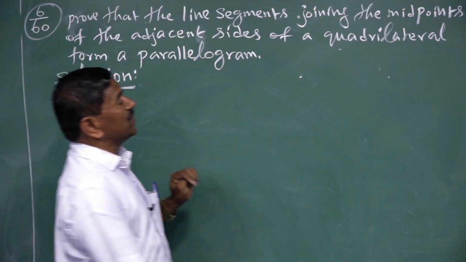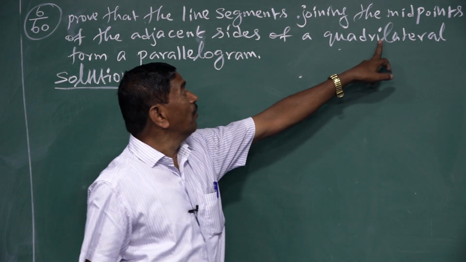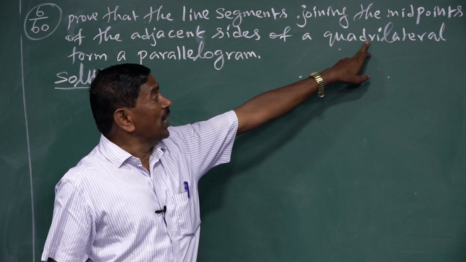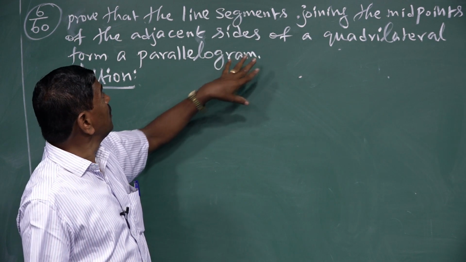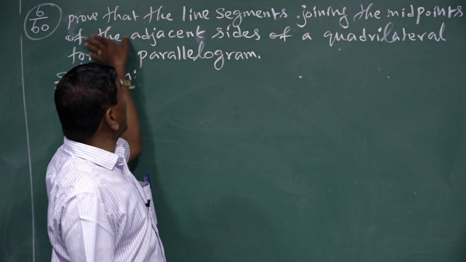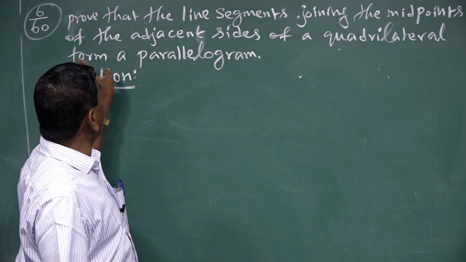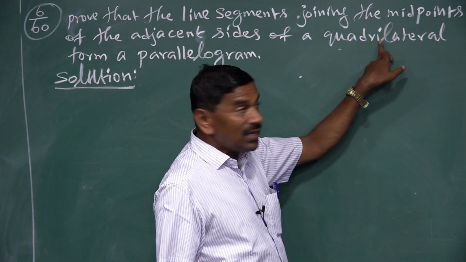Here there are two keywords. First keyword is quadrilateral. We want to prove parallelogram. So given quadrilateral, we have to prove parallelogram. Also the keyword, the line segments joining the midpoints of the adjacent sides of a quadrilateral form a parallelogram.